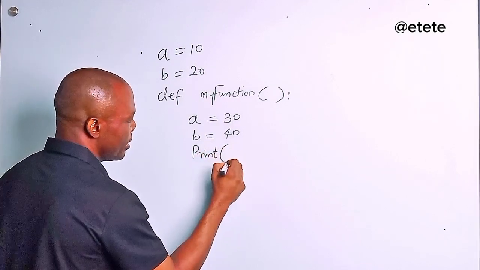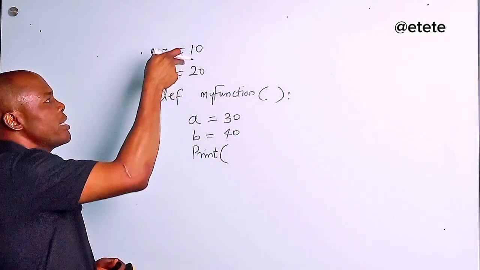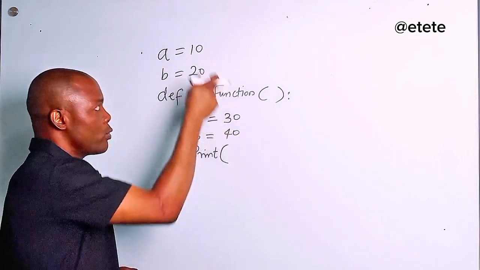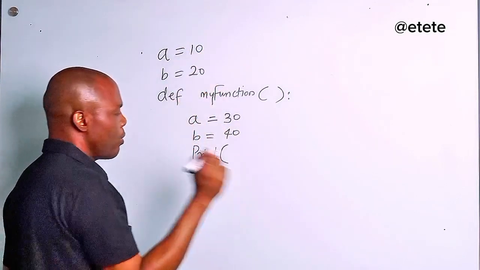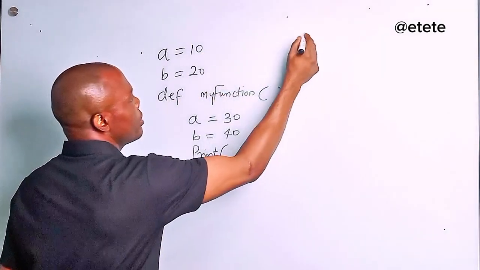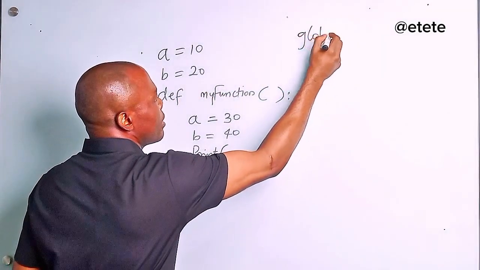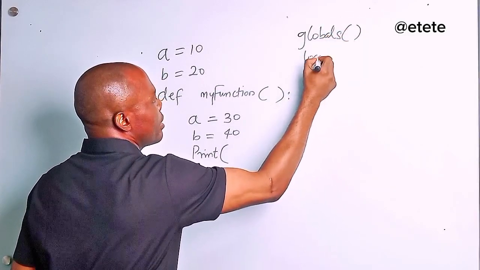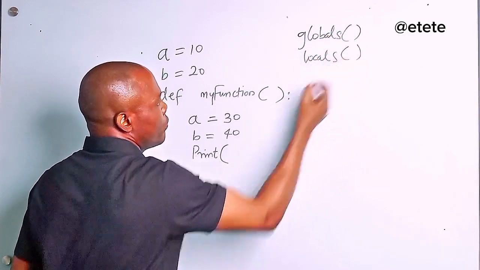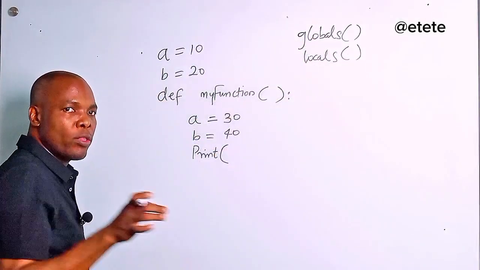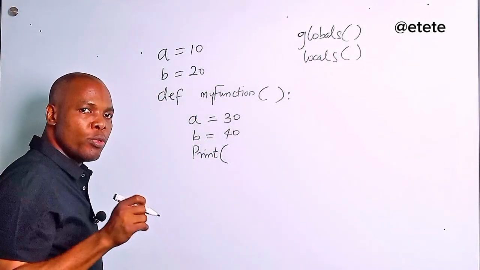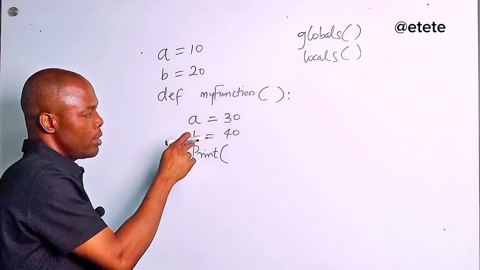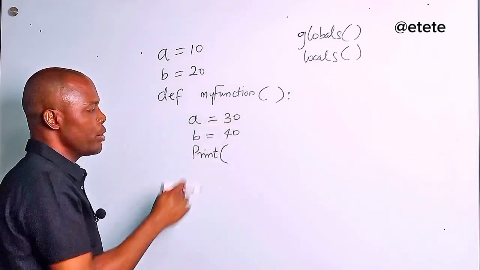inside this, I want to access this value, but I'm inside the function. I want to access this value. Now, what will I have to use? The global function and the local function. These are the two functions that Python provides to enable you to access the values of this variable in the memory.